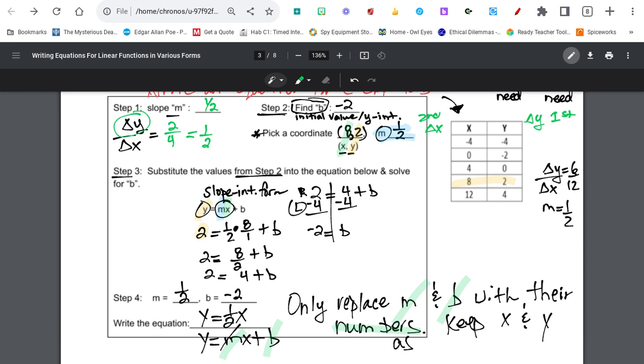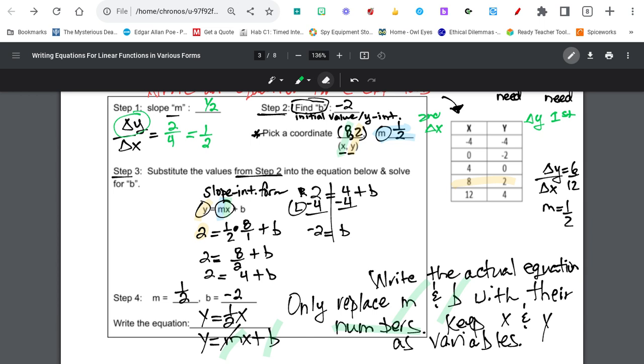Basically, you're going to keep x and y. And this is simply on step 4 when you get ready to write the equation. You're going to keep x and y as variables. This is all when you write the actual equation. All right, so I knew m was 1/2. I got x and then plus.